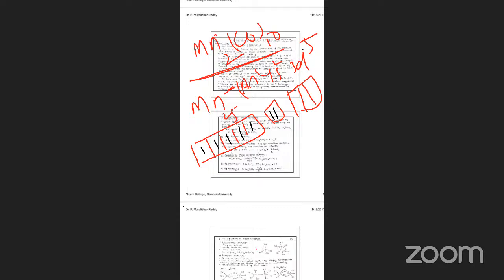In that condition, some internal changes occur. First, the electrons are pairing here. After pairing, what is the electron distribution pattern?